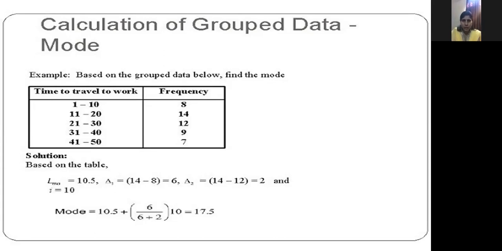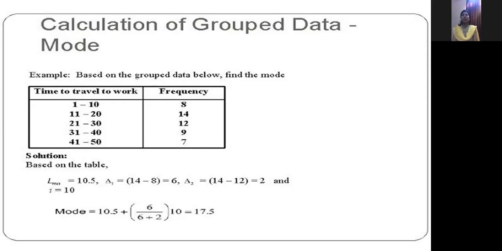Therefore, we will try to find the mode, where the mode is calculated on the basis of FM, FM minus 1, and del 1, del 2. This del 1, del 2 is from the formula which we have discussed previously. This is L, which is 10.5, the lower limit, because this is the class interval which we need to convert. First of all, we need to make it an equal class interval.